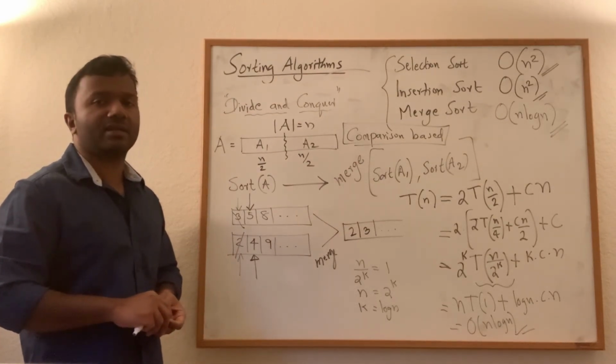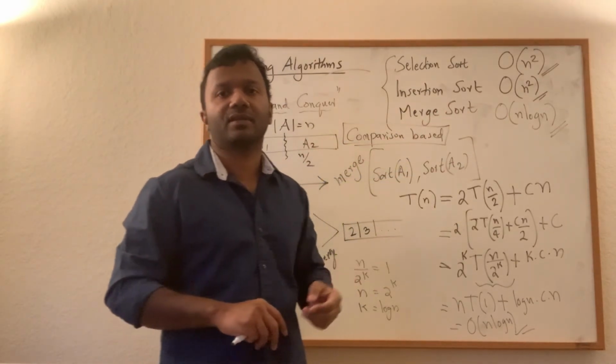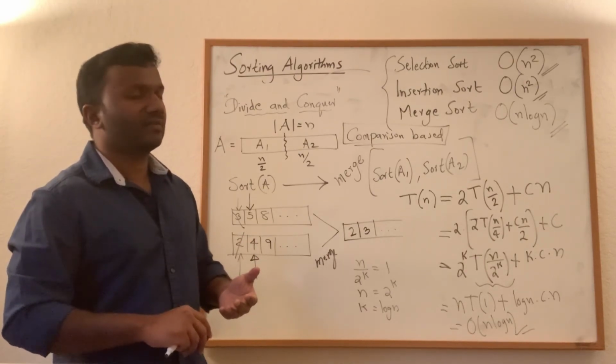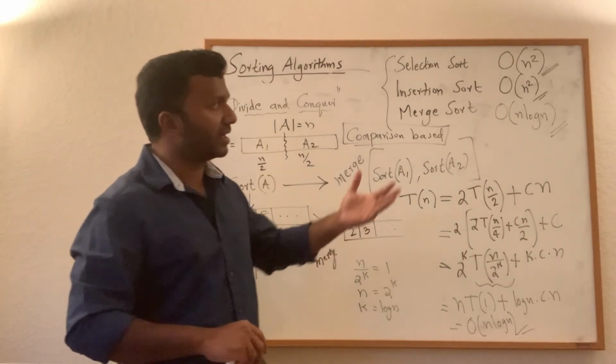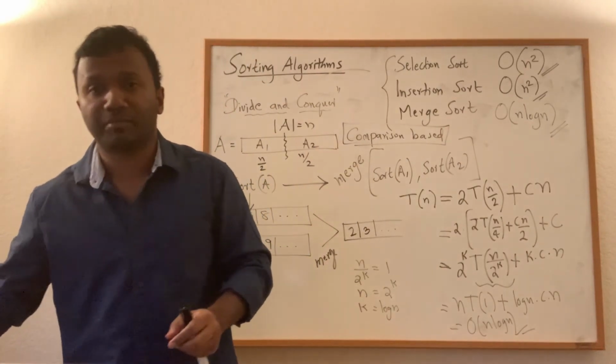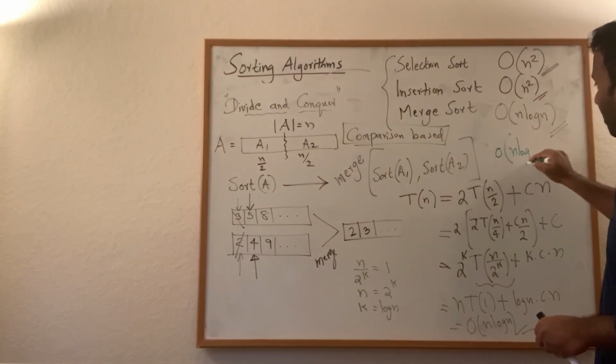So the question remaining is, can we improve this time complexity further? In other words, can we come up with a new algorithm which has a time complexity better than big O of n log n? Better than big O of n log n means small o of n log n.